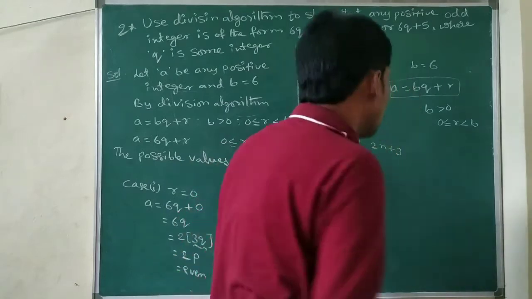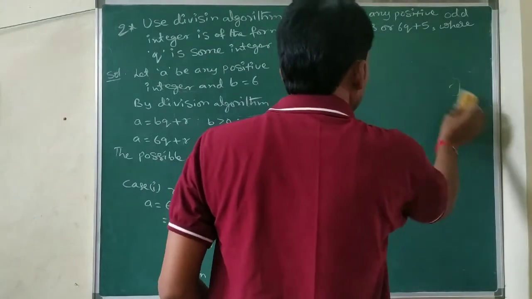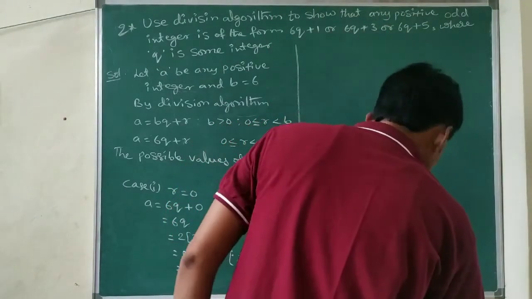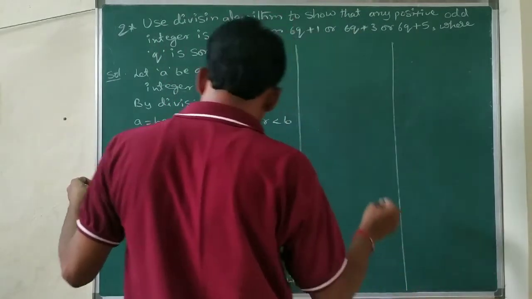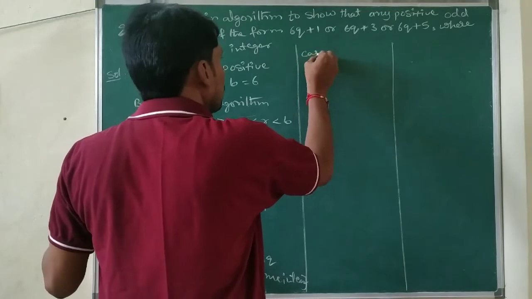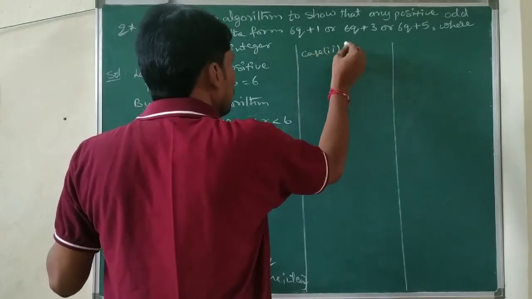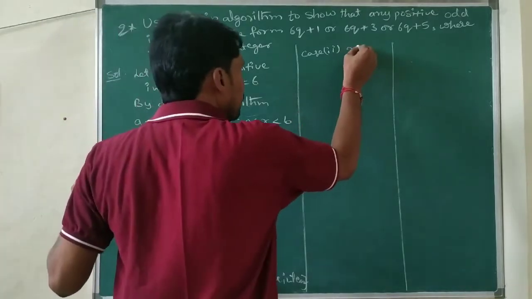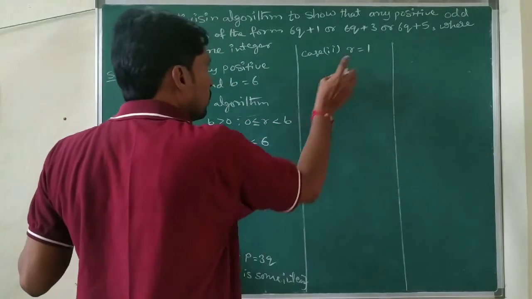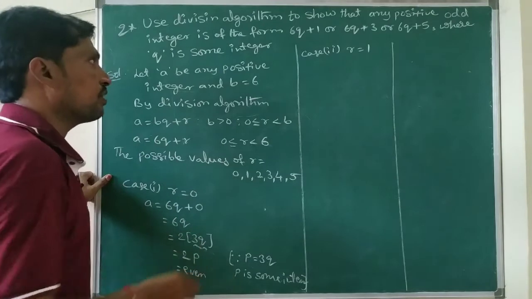Now case number 2. Case number 1, where r is 0, is completed. Now you can take r equal to 1. Substitute r equal to 1 in the division algorithm.